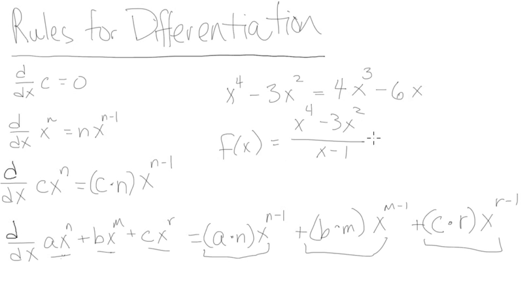You could split it up into two different fractions: x to the 4th over x minus 1, remembering that the denominator stays constant, minus 3x squared over x minus 1. There you could take the derivative of the first term minus the derivative of the second term, but you have to keep the denominator present through the whole thing.